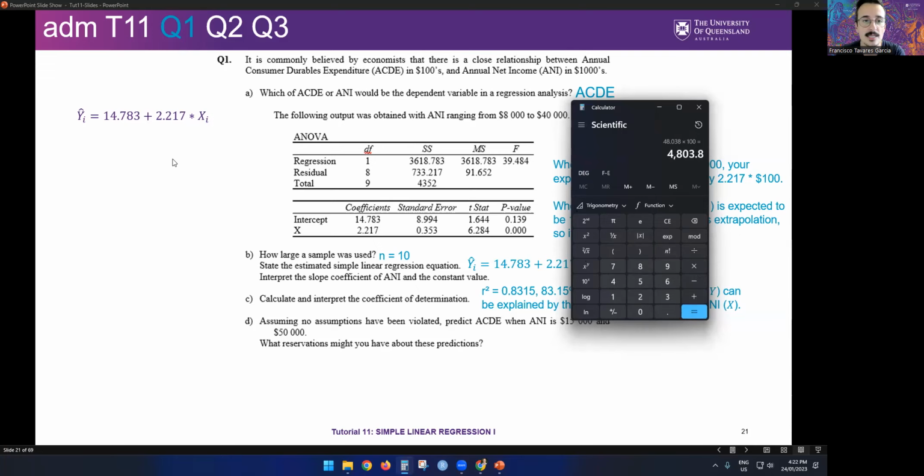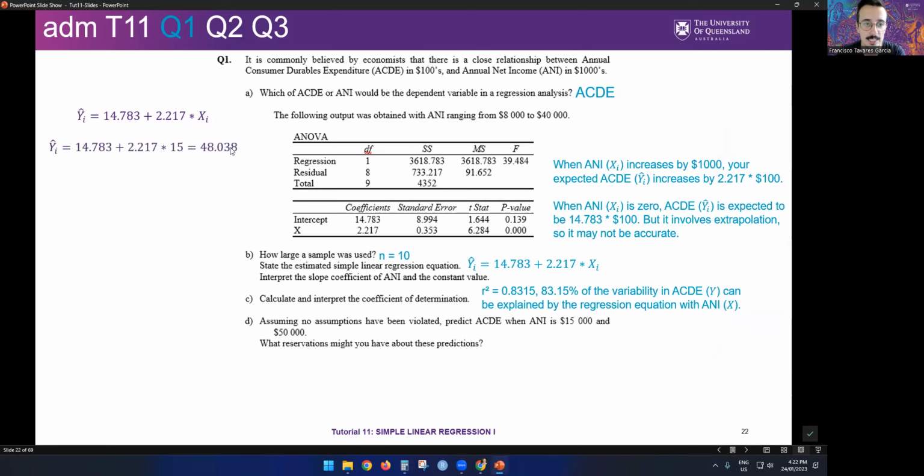So 4,803. Let me click once again. There you go. 4,803.80. Yeah, pretty simple. Just replace the values.